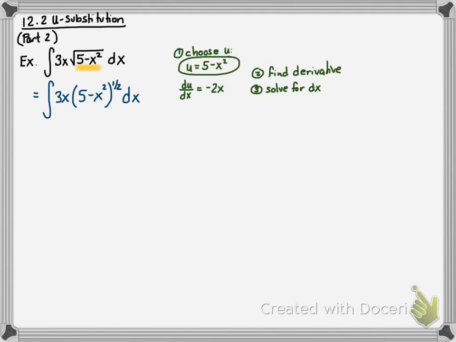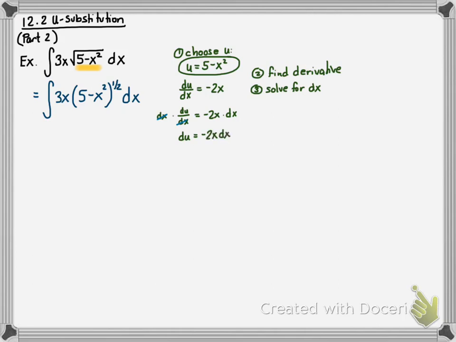To do that, I need to multiply both sides of this equation by dx. The reason I want to do that is because this allows me to cancel dx on the left side, and it leaves me with du equals negative 2x dx.